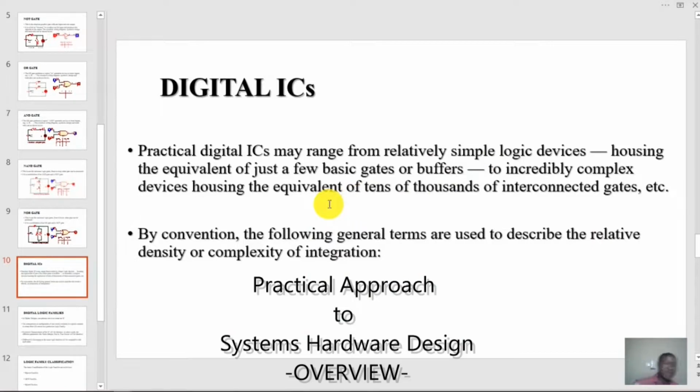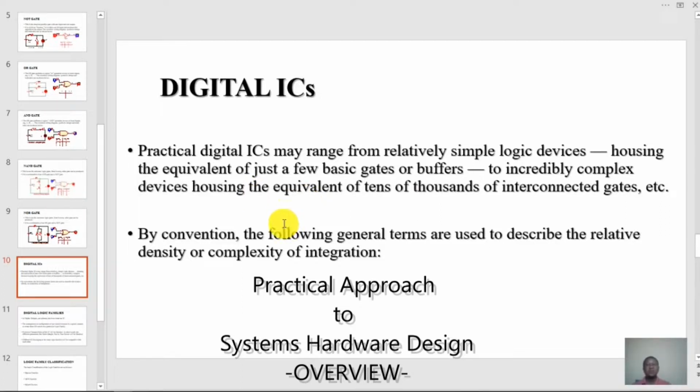All the digital ICs, all our digital chips, as we said earlier, depend on a few basic gates. The way the gates are interconnected inside the digital IC determines how that IC is going to be classified.